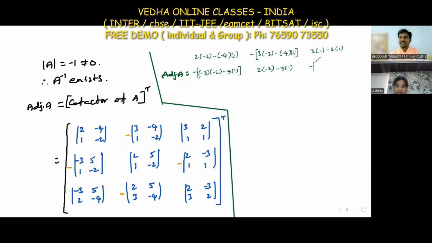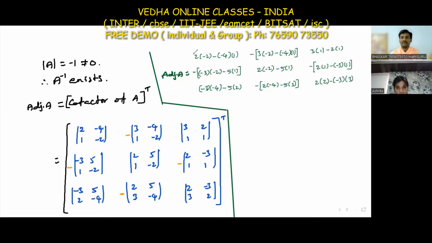Next, minus half: 2 into 1 minus 3 into 1. Next, minus 3 into minus 4 minus 5 into 2. After that, minus half: 2 into minus 4 minus 5 into 3. After that, 2 into 2 minus 3 into 3.